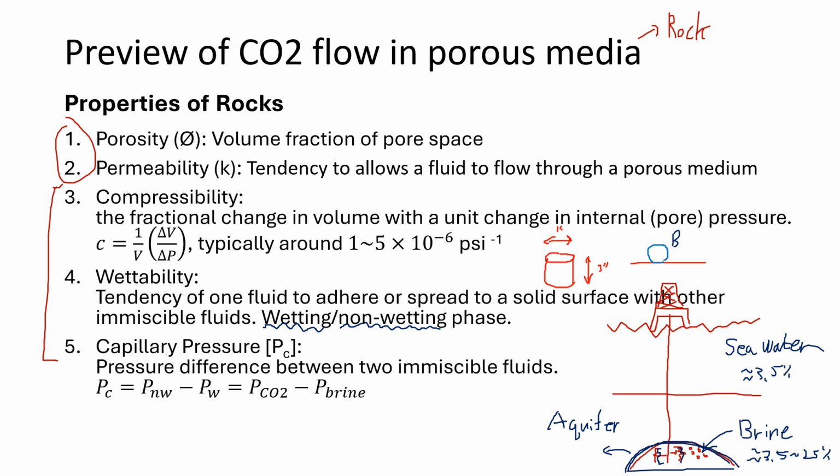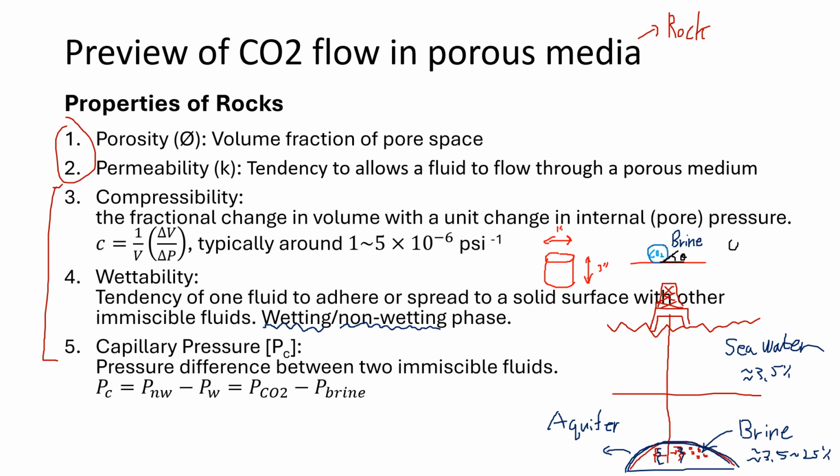It's brine. And then this is going to be the CO2. And we look at the angle that we have here, the angle between the surface and the fluid contact.